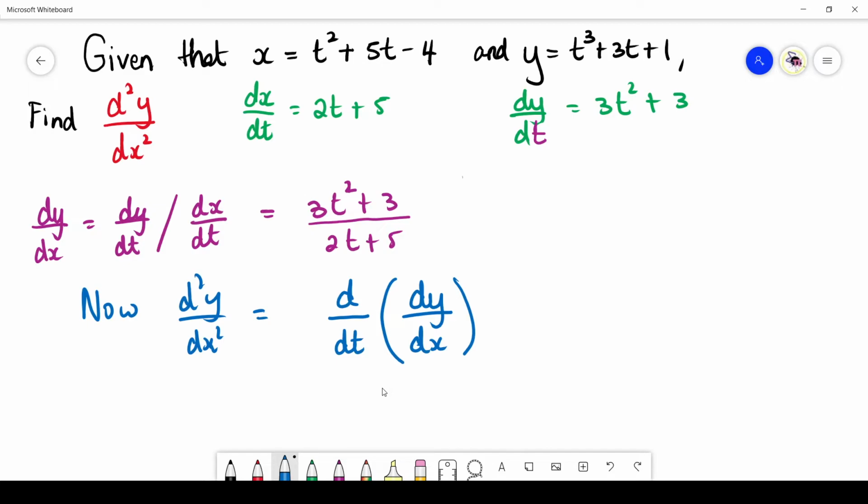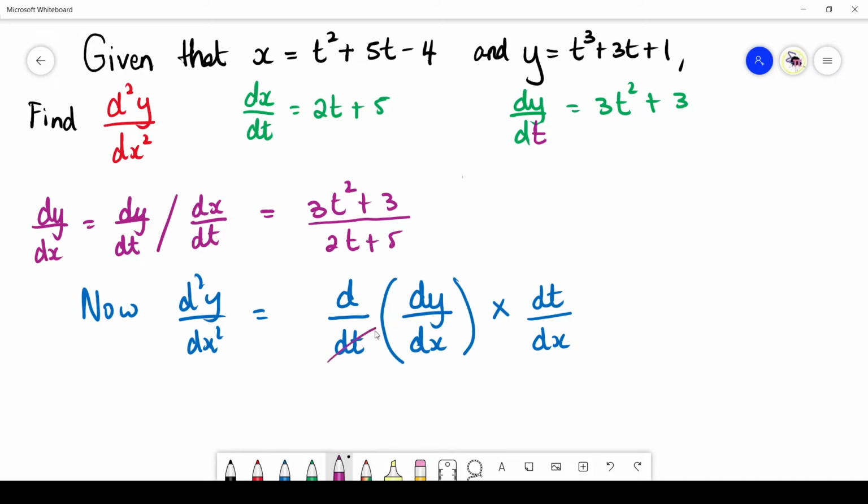Now, in order to accommodate what's taking place in this question, what we need to do is get rid of that component of t and introduce a component of dx so that we can get that dx squared. This is where the chain rule comes into play. You can cancel out that dt by multiplying by dt, and you can introduce your dx by multiplying by dx on the denominator. It works as follows.